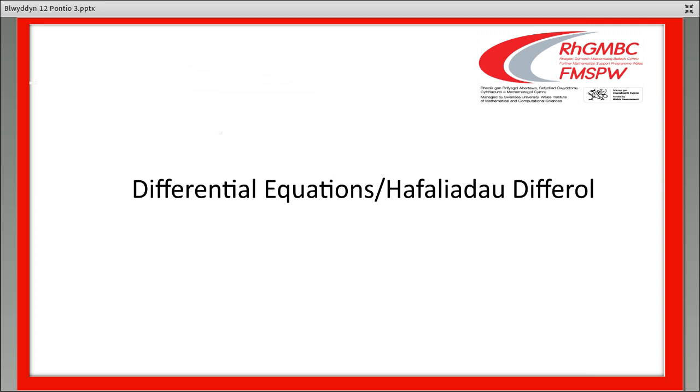Now, the next bit is differential equations, and you've started to look at differential equations in M3, Unit 3, FM3, where you looked at differential equations in terms of motion in a straight line.